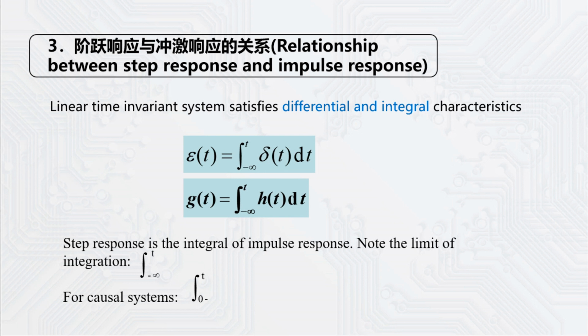Then how about that between impulse response and step response? It's also a differential and integral relationship. When calculating step response from impulse response, let's pay attention to the limit of integral.